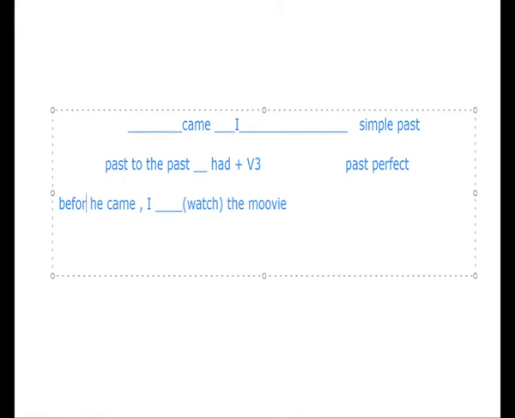But when I say "when", it's not here, on the left side of this, but it is the same time. It means the moment he came, at that moment, same time, same point, something was continuing. So my expression should be "was watching".